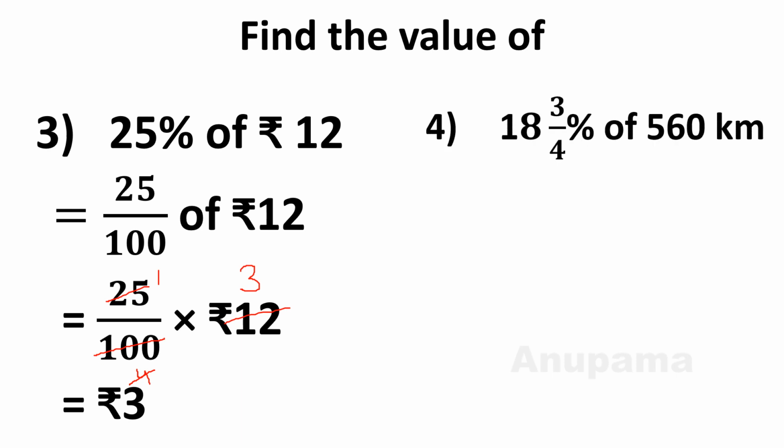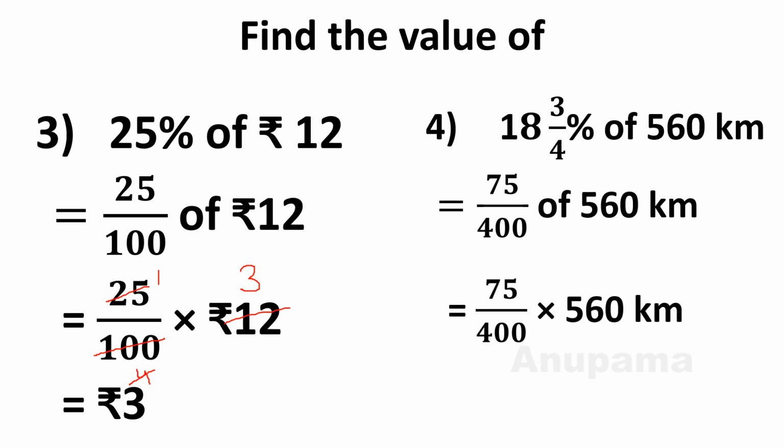Let us do one more. 18 and 3 by 4% of 560 kilometer. Here is a mixed number, but don't worry, at first convert it into an improper fraction. That is 75 by 4, and because of percent it will be 75 by 400 of 560 kilometer. Instead of "of" we will put the sign of multiplication. Now just solve this. 0 and 0 will be cancelled.